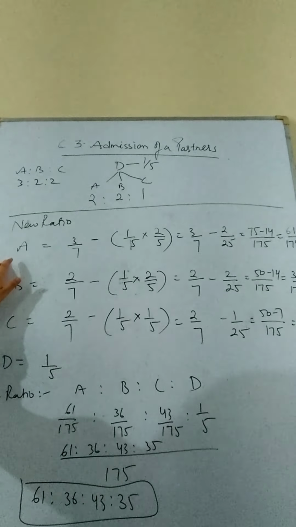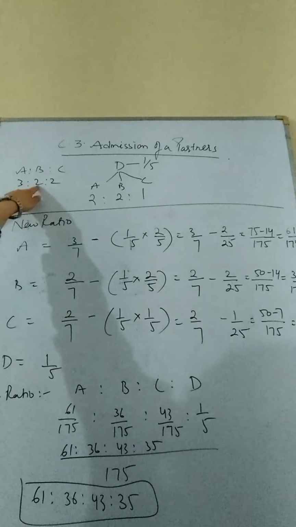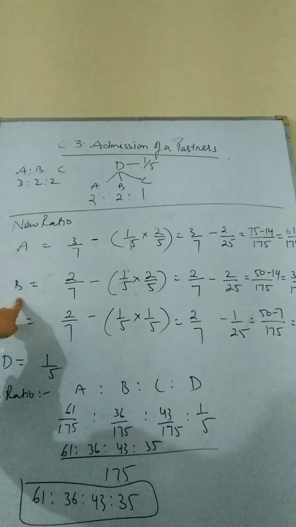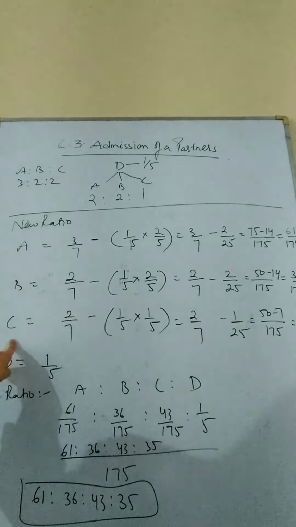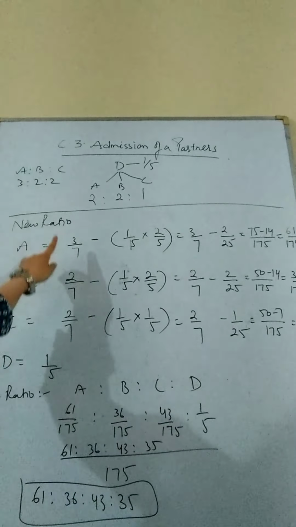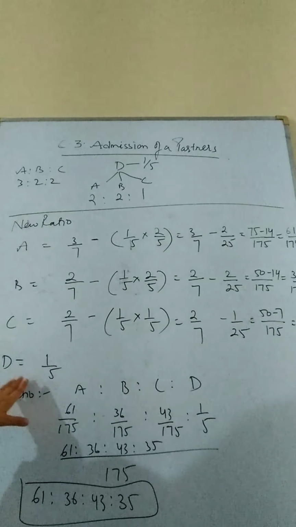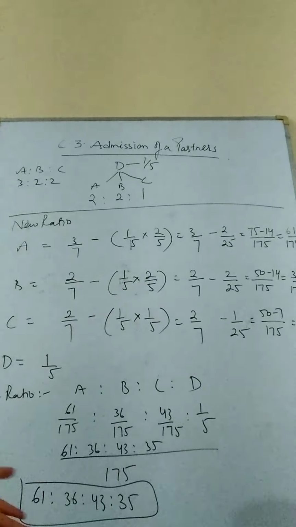First we will write the old ratios of these three partners. For A, what is the old ratio? 3 plus 2 plus 2 is 7, so 3/7. Then for B, 2/7. For C, 2/7. First we have written all the old ratios for all the old partners. For D, the new ratio is 1/5. It is already given in the question, so we do not have to calculate for him.